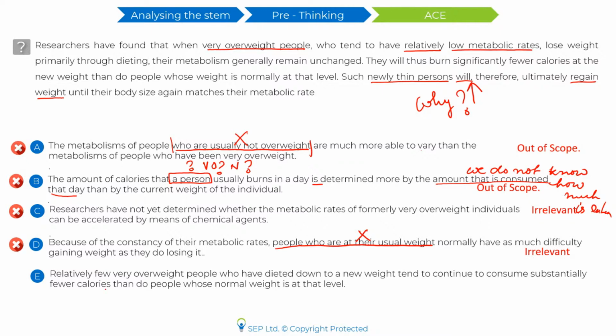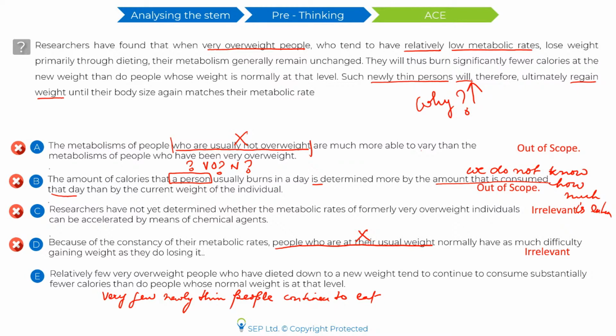E, relatively few means very few. Very overweight people who have dieted down to a new weight, that means very few newly thin people. Okay, I'm simplifying the answer choice. Tend to continue to consume, continue to eat substantially fewer calories.